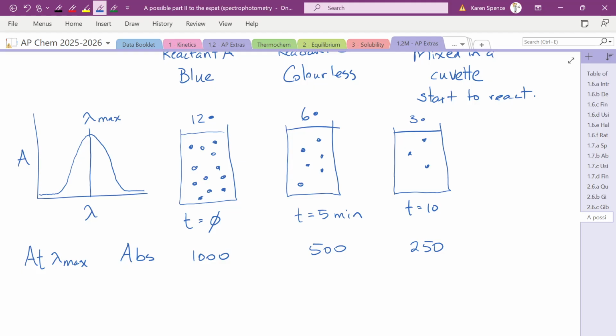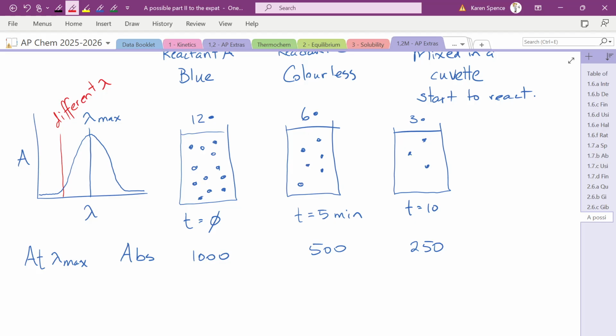Why don't we choose a different lambda? A different wavelength? Yeah, you can have a greater range of data.